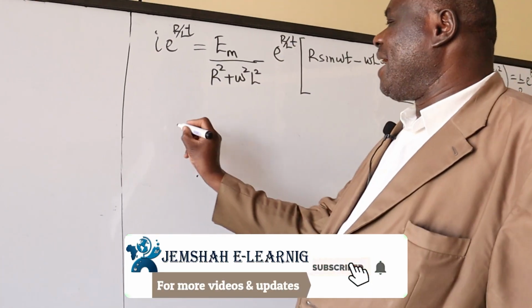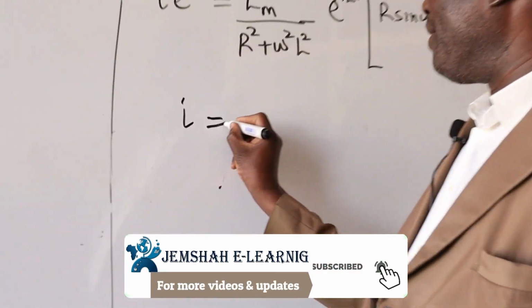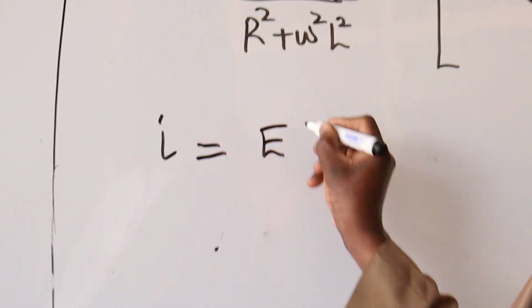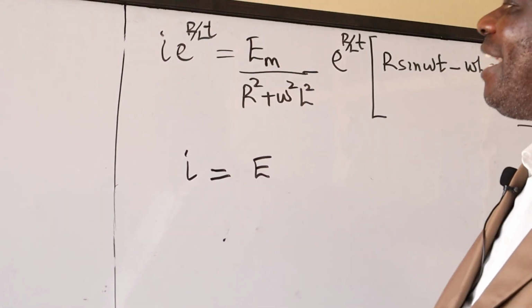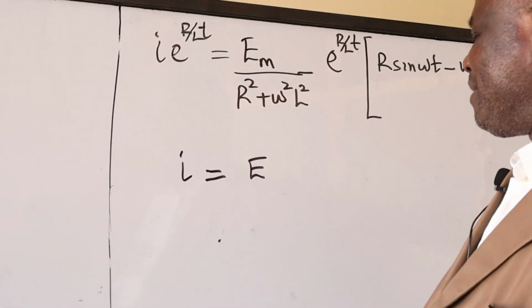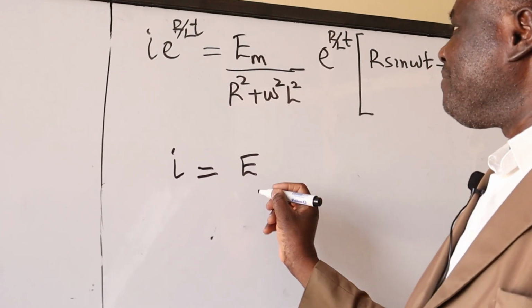So when we make I the subject here, we divide both sides by exponential R over L t.